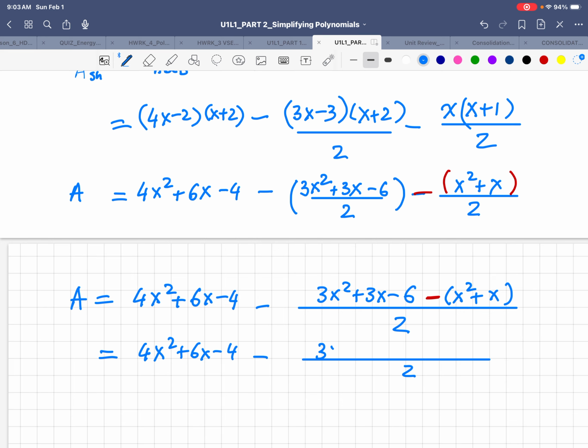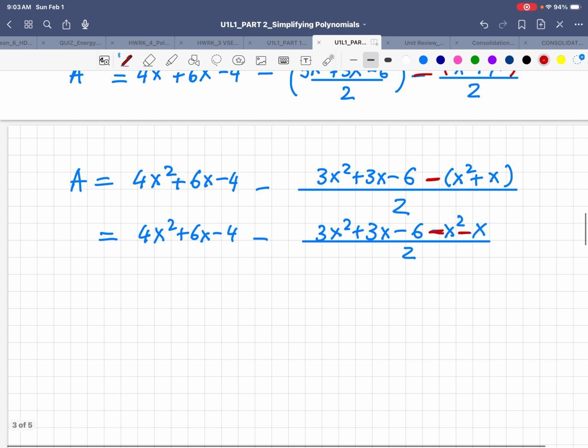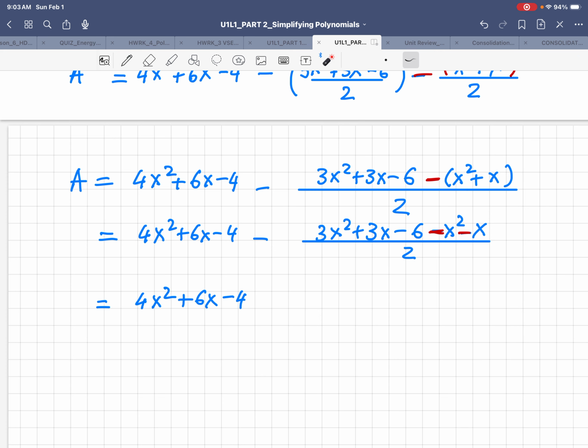And then we have 3x squared plus 3x minus 6 minus x squared minus x. And obviously we're going to need to simplify that a little bit more. You can definitely do this in shorter steps for sure. We're just explaining this for today.